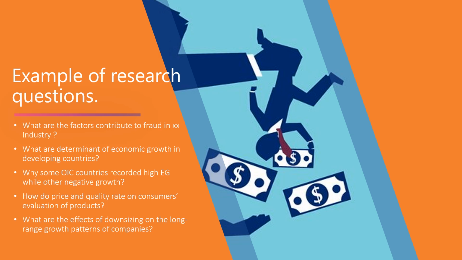And what are the effects of downsizing on the long-range growth pattern of companies? These are examples of specific research question. In general, for master and PhD, a thesis can have, say, an average of 3 to 5 research questions.